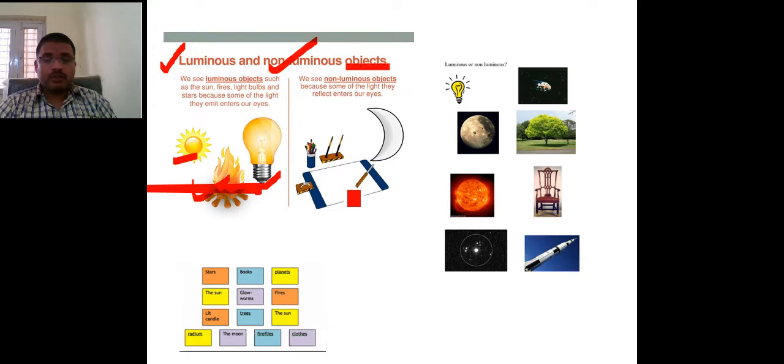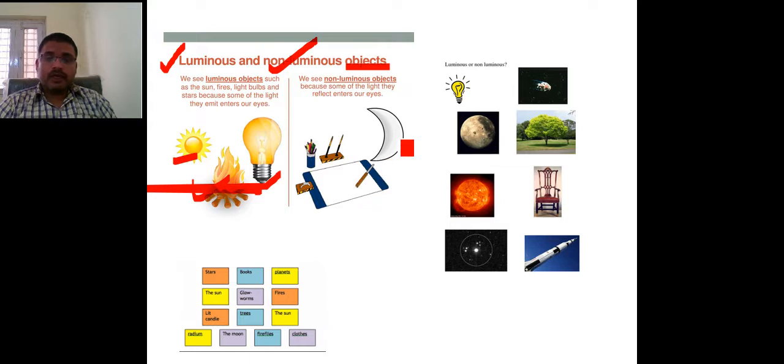Since the book has no light of its own, this kind of object is a non-luminous object. You can observe here a pen.